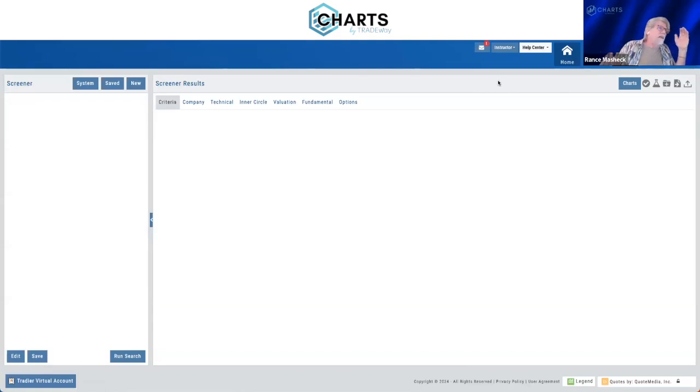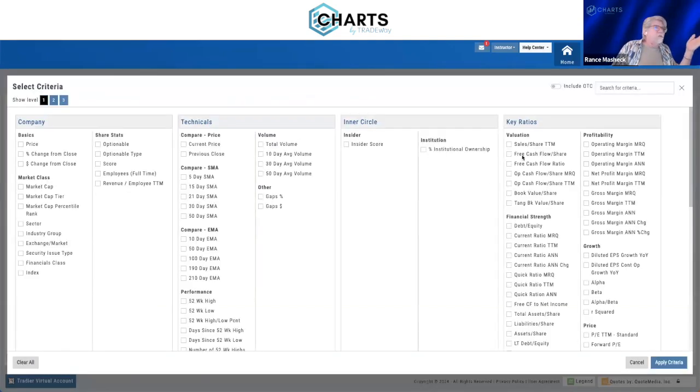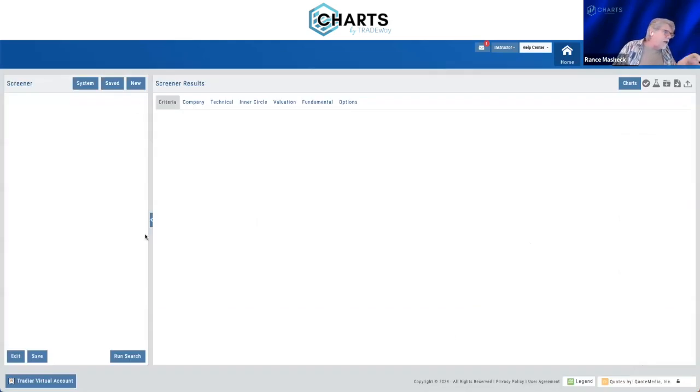But the idea is, you'll still be able to come in and do your screener exactly how you do today and pick everything and do the ranges and all that. But we also want to have it where you can have a free-form, back and forth conversation with the AI engine to find things that you're looking for.